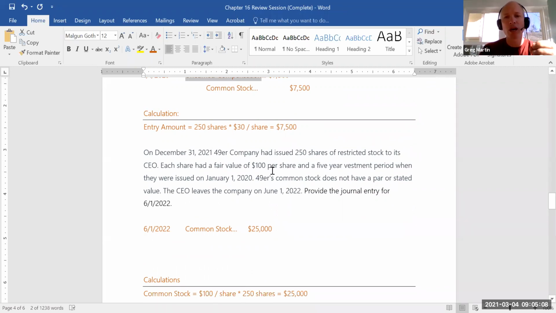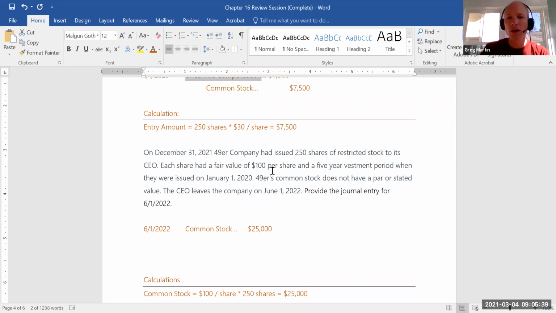Then at the end of 2021, 1/5 of it would have come out of unearned compensation and been recorded as compensation expense. And then at the end of 2022, that same thing would have happened again. Another 1/5 would have come out of unearned compensation and would have been recorded as compensation expense. So then when we come to June 1st, 2022, we have to think, what is the state of the unearned compensation and compensation expense accounts relative to this CEO?